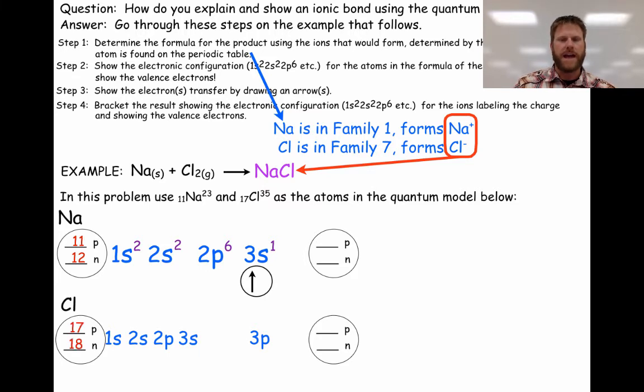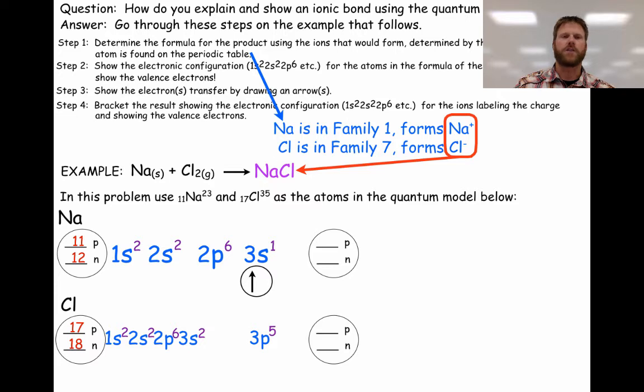Chlorine has 17 protons. This particular isotope of chlorine has 18 neutrons. Well, we have 17 electrons we have to assign. So 1s2, 2s2, 2p6, that gets rid of 10 electrons, and then two more in the 3s, and so we only have 5 electrons remaining, so it'd be 3p5.